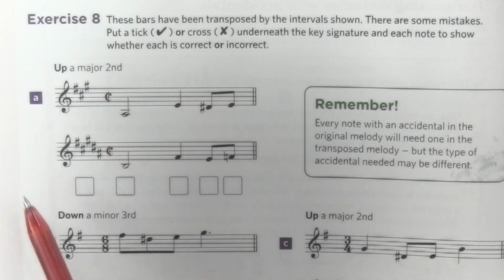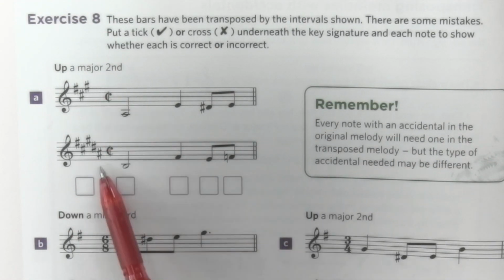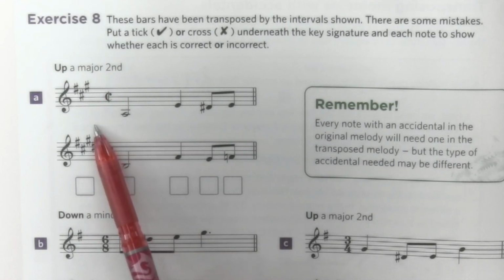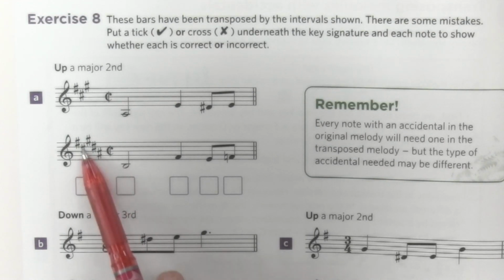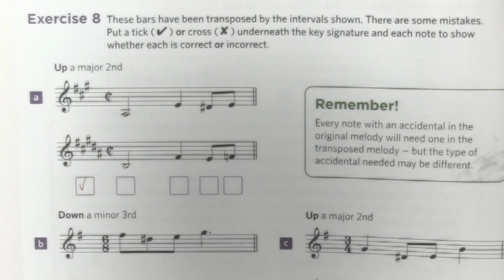So A plus a major second means B. How many sharps does it have? B, 1 semitone lower, A sharp, this is our last sharp, so 5, this is correct.